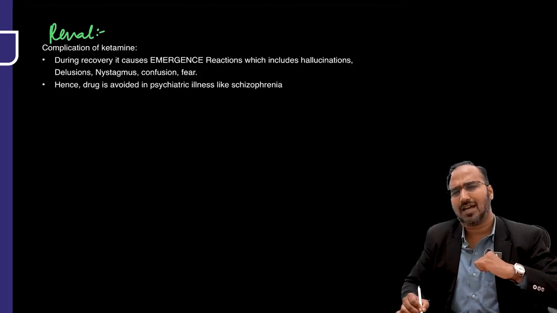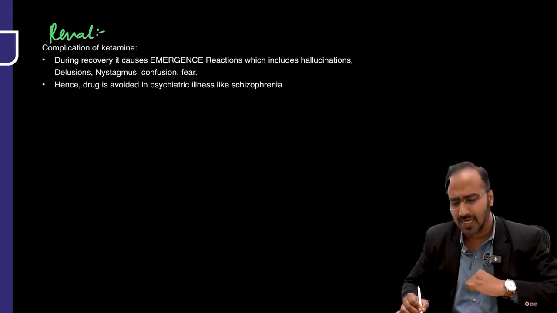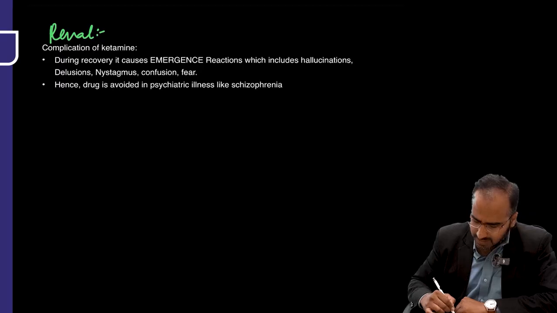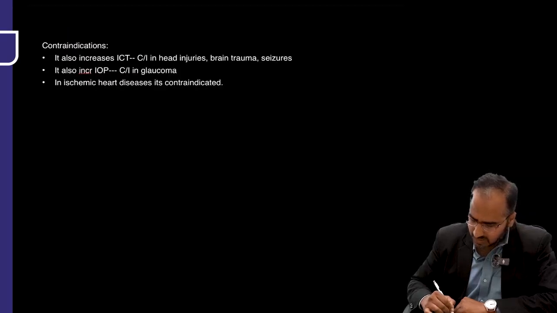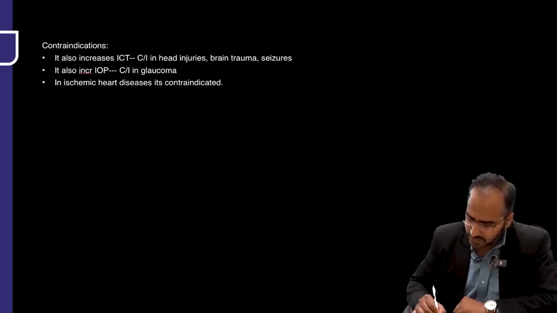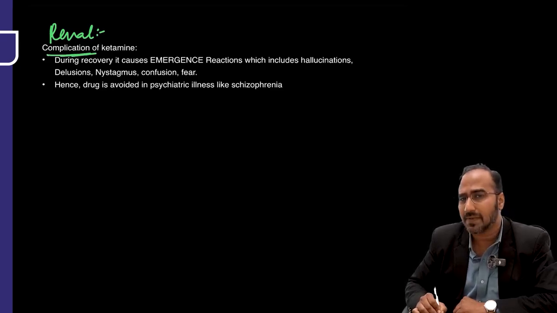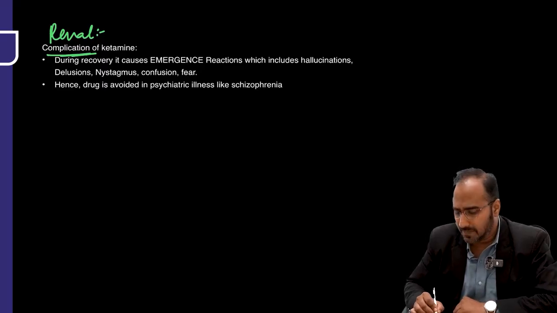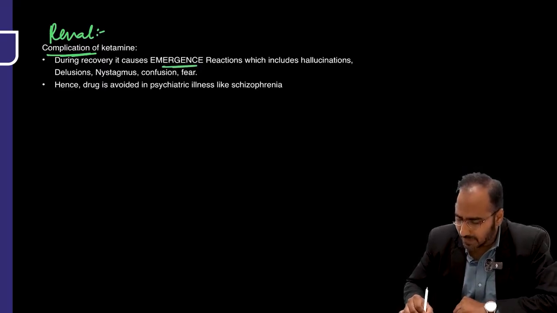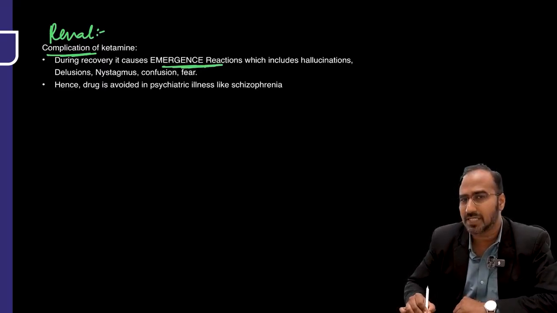Apart from that, another contraindication is ischemic heart disease. Okay, it's contraindicated in ischemic heart disease. I told you the complications of ketamine during recovery. During recovery, the patient will land up in an emergence reaction.